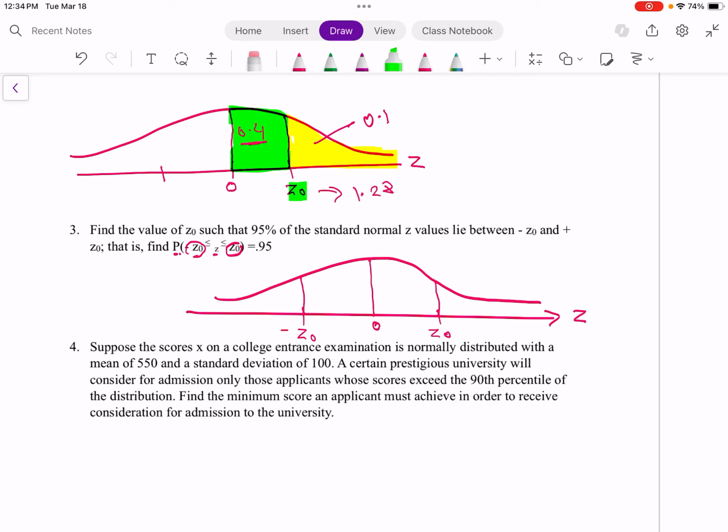Which part is 0.95 here? Everything between negative g naught and positive g naught, right? So from negative g naught to positive g naught, this is 0.95.